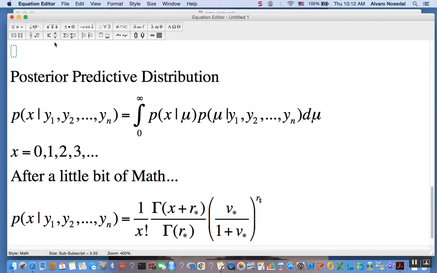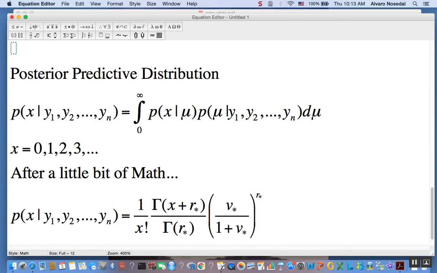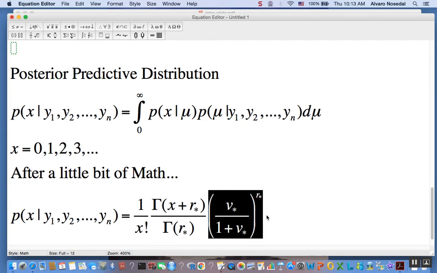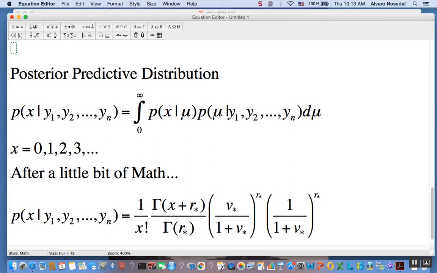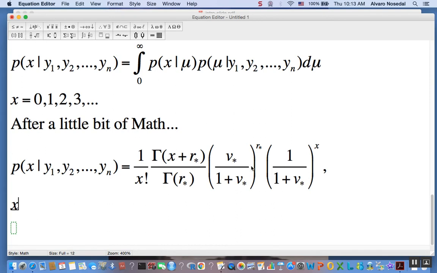And then we have another fraction that involves v star, and in this case the exponent is x. Again, note that this expression is valid for x equals 0, 1, 2, 3, and so on. Okay, now we're in good shape.